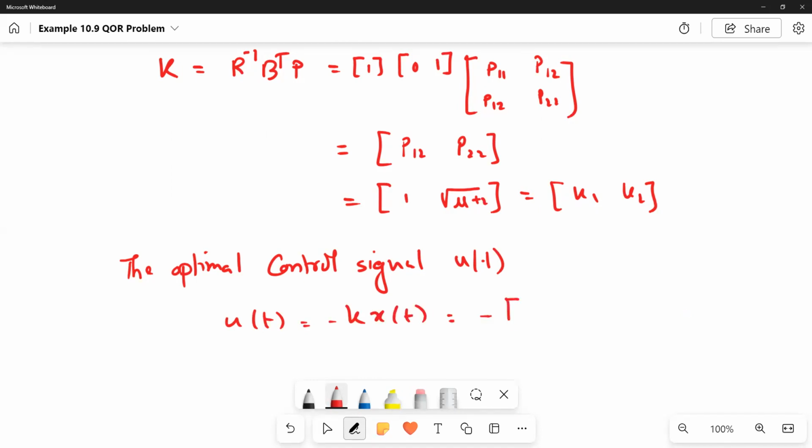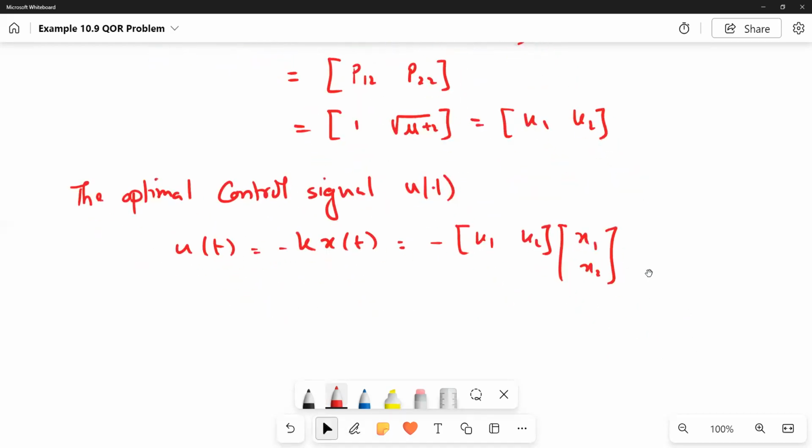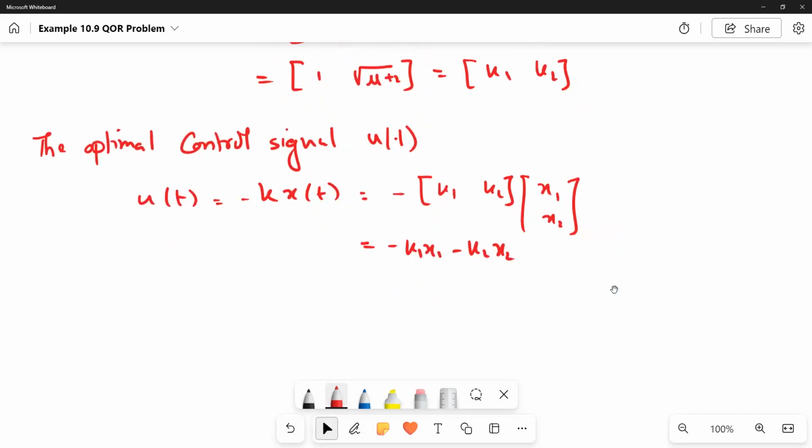Ultimately, minus [K1, K2] times [x1, x2]. So it will give us minus K1 x1 minus K2 x2. K1 is simply 1, so you can write minus x1 minus square root of mu plus 2 times x2.